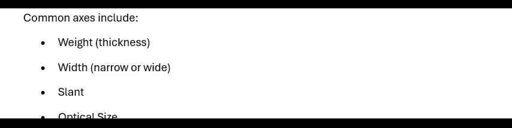The most common axis is weight. Instead of being limited to a few predefined options, designers can choose any value within a range. So here's an example of that. That would just make the font weight a little heavier, which is basically just like thickness and bigness.